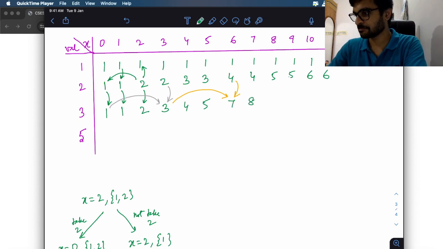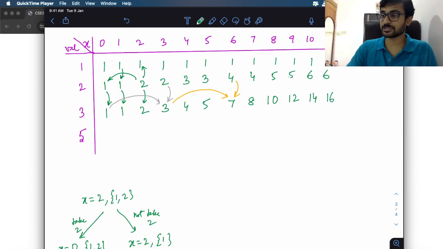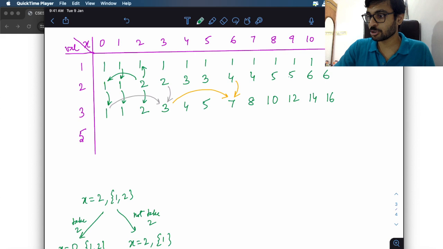Similarly, 8. Then 5 plus 5, 10. 5 plus 7, 12. 6 plus 8, 14. And 6 plus 10, 16. And then finally 5 comes. 5 will also say the same story. So from 0 to 4, no possibility of taking 5, so copy the above ones.